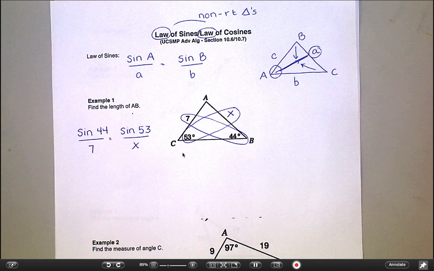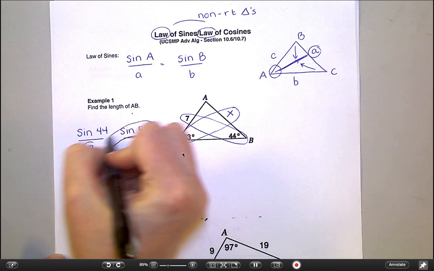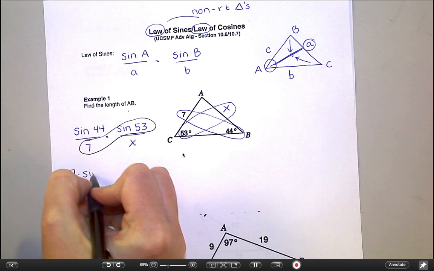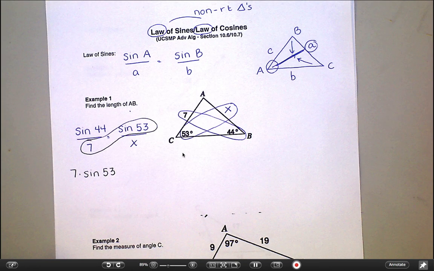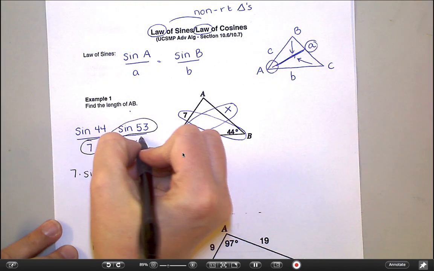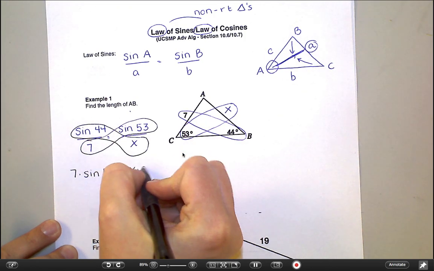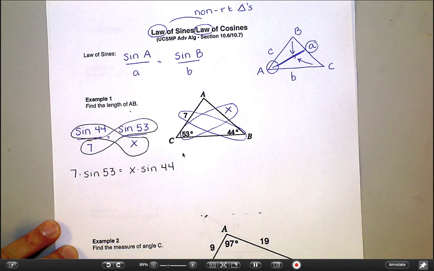And then it's just a matter of cross multiplying to solve for X. So when I cross multiply here, I'm going to end up with 7 times sine 53. Notice I'm not putting anything in my calculator until probably the very end. That way I don't have to write down any decimals or anything. Equals, and then cross multiply here, x times sine 44. Okay?